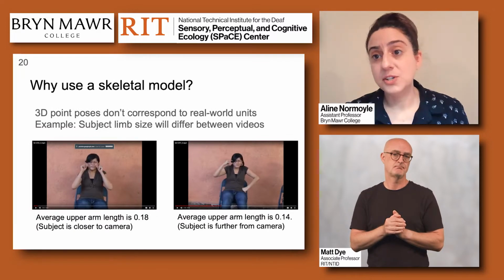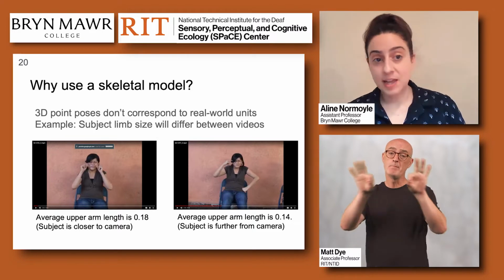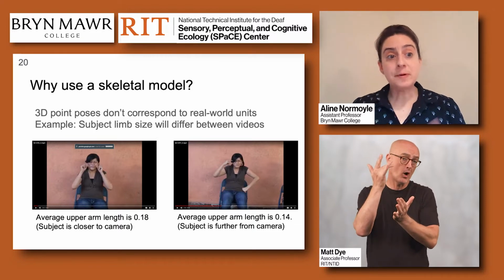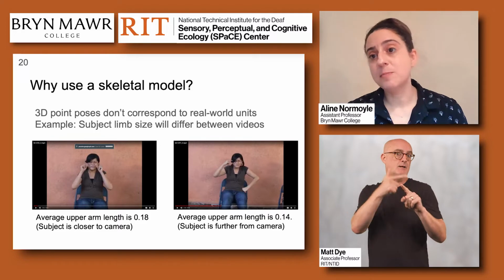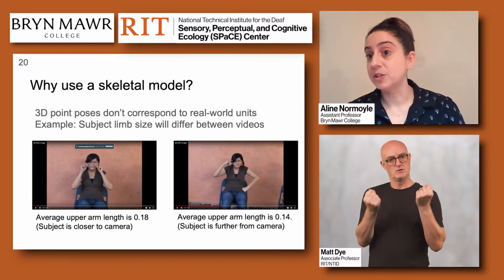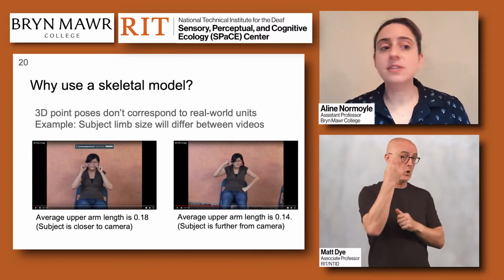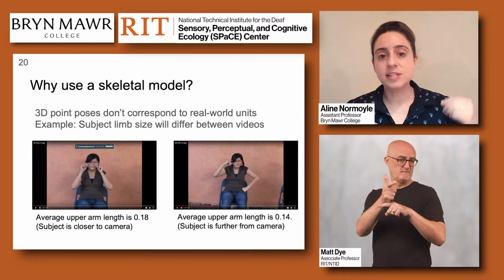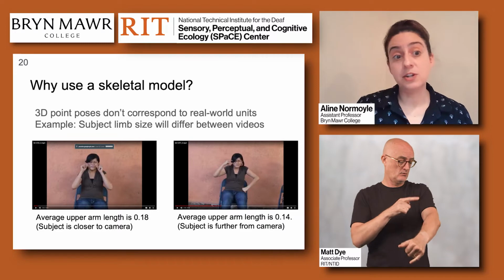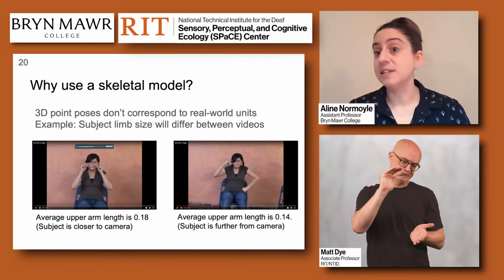So the other reason to use a skeletal model is, as we mentioned before, the 3D point poses that we're getting from the model don't correspond to real-world units. They're based on the image. So a result of this is that even for the same subject across different videos, we're going to have limb sizes that differ.